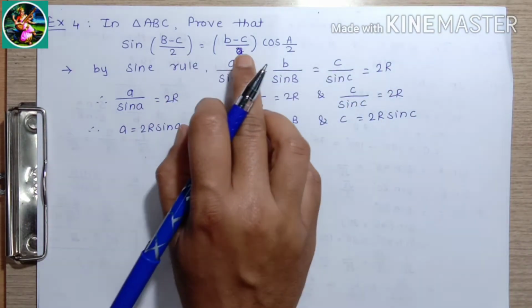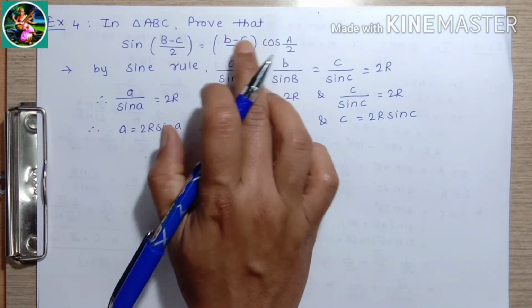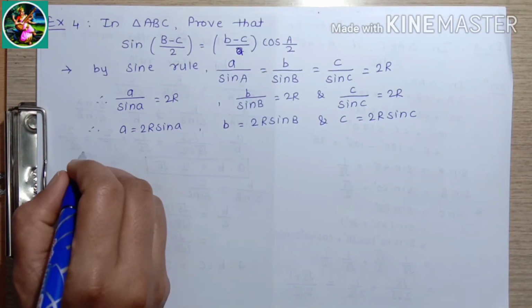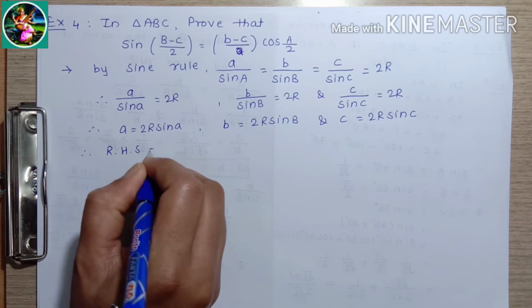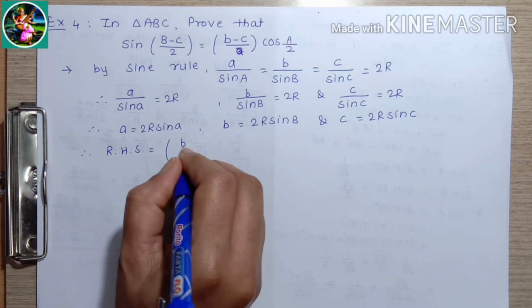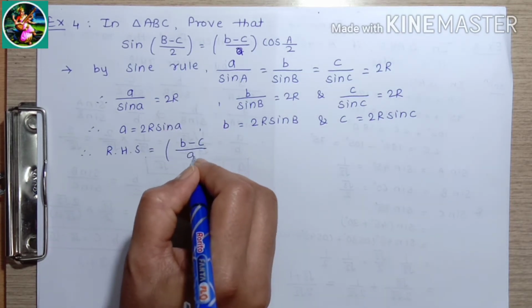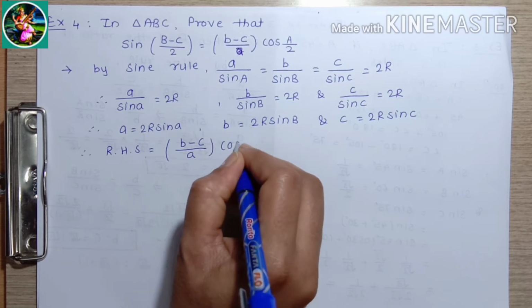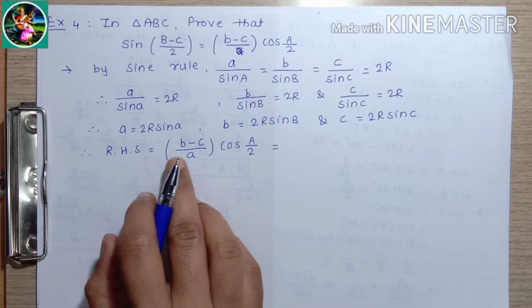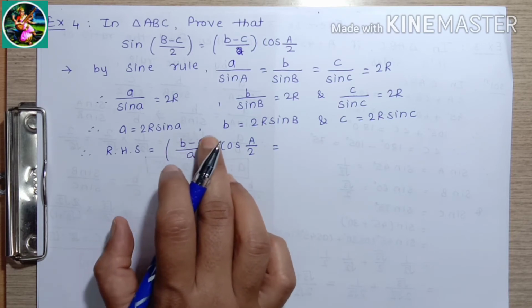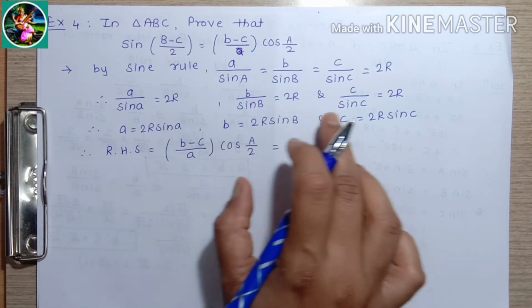Now we consider the RHS of the given equality. RHS is equal to (B minus C) divided by A into cos of A upon 2. Here we substitute the values of B, C, A by using the sine rule.